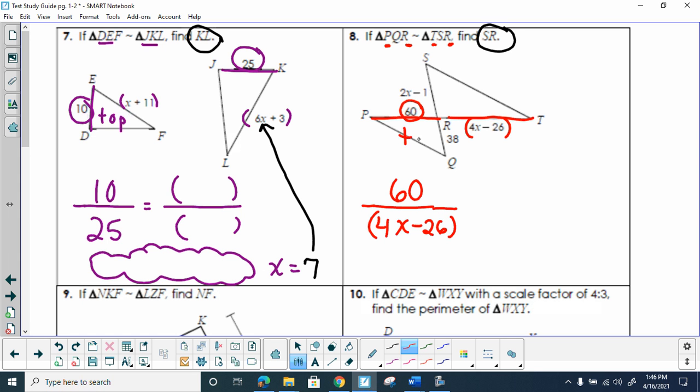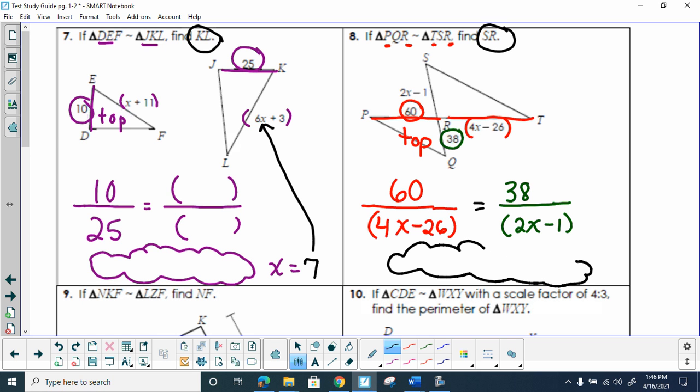Okay, and I decided to put the 60 on top, so that will mean 38 will have to go on top of the other fraction. Okay. You're going to do the cross multiplying. You're going to get lots of work that you will show.